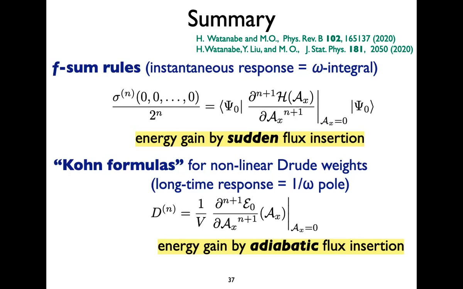By increasing the vector potential, you first increase the energy, and this corresponds to positive current because of the relation between the Hamiltonian derivative and current. But if you have level repulsion and you follow the lower branch, then under adiabatic flux insertion, the energy first increases, but after the level repulsion the energy starts to decrease. And this decrease of energy should correspond to backflow of the current or something like that.